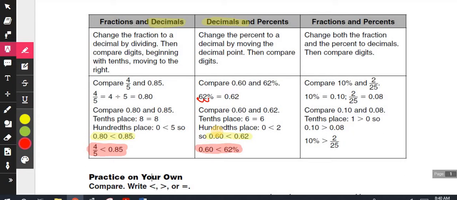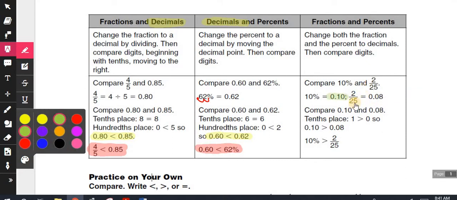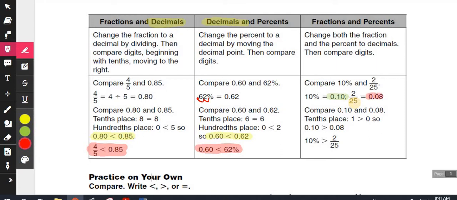And then if we're comparing fractions to percents, we're going to take each of these forms and write them in decimal form. So if we're comparing 10% and 2/25, we're going to take the 10% and turn it into a decimal, 0.10. We're going to take the 2/25, turn that into a decimal by dividing, and that becomes 0.08.